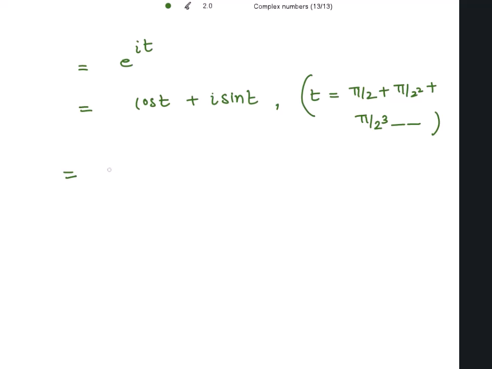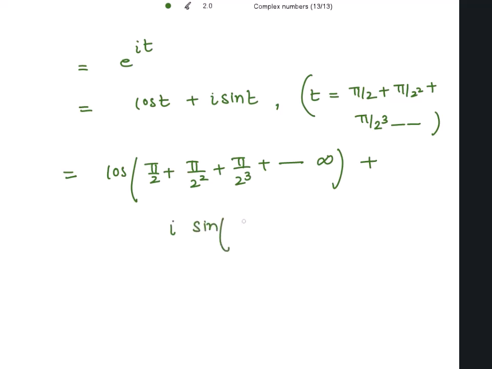So putting this t value back, this is cos of pi by 2 plus pi by 2 square plus pi by 2 cube up to infinity plus iota sine of pi by 2 plus pi by 2 square plus pi by 2 cube up to infinity.